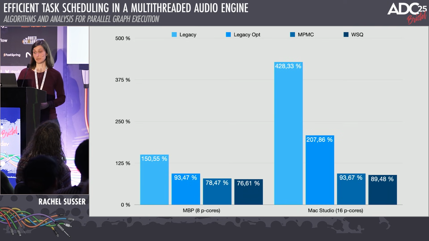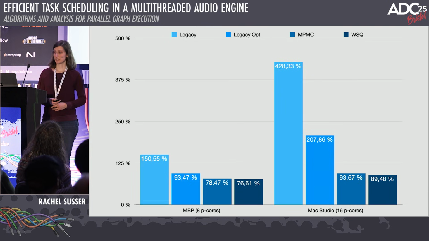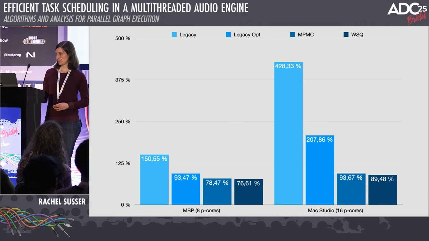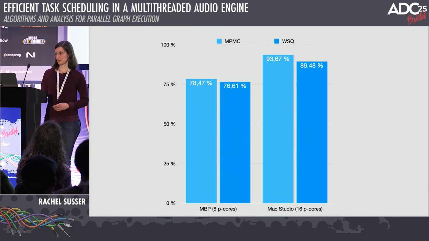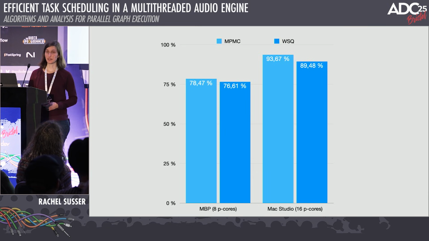And so both the MPMC and work-stealing queue schedulers far outperform the old approach. Let's take a closer look at them to compare them more directly. What we can see here is that the work-stealing queue does scale better than the MPMC to the higher thread count that we have on the Mac Studio.